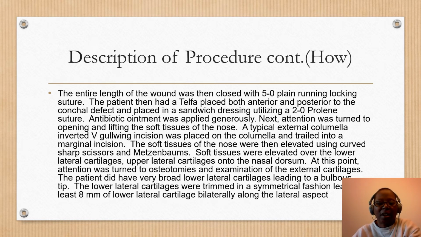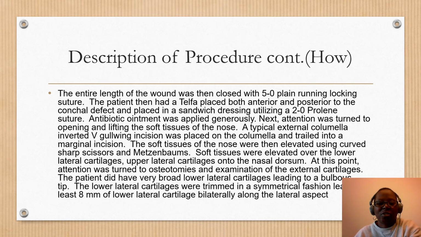Then an antibiotic ointment was applied generously. So he's done with that part. Now he's redirecting his attention to opening and lifting the soft tissues of the nose. A typical external columella, inverted V gull-wing incision was placed on the columella and trailed into a marginal incision. That's a mouthful.